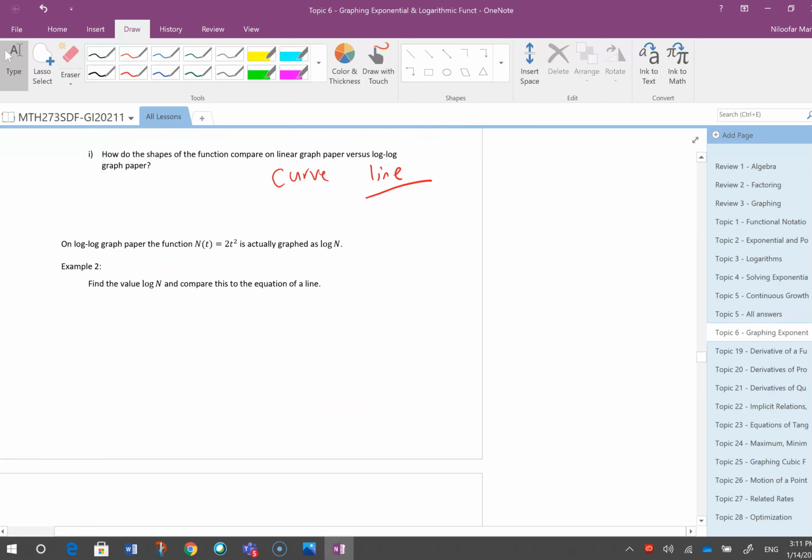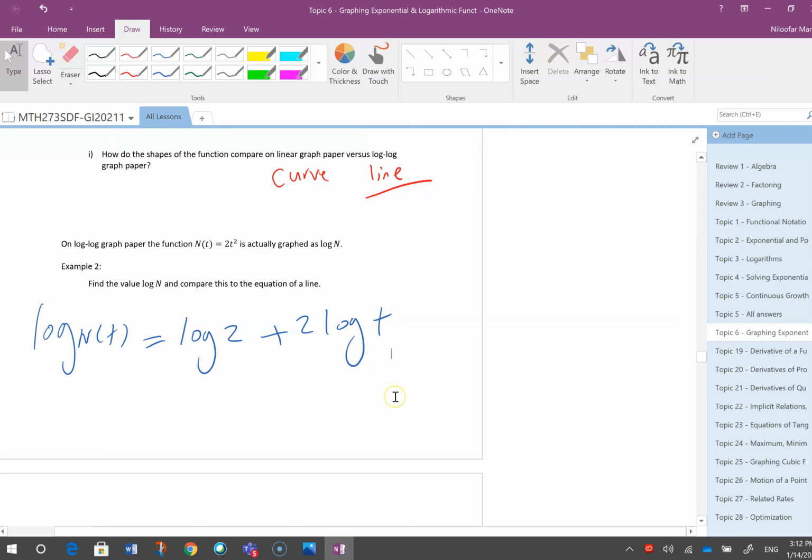Okay, so now I want to see how I can make the equation, because I told you, not always do I have the equation. So what should I do? Okay, so now I do it here. The logarithm of nt is logarithm 2 plus 2 log t.